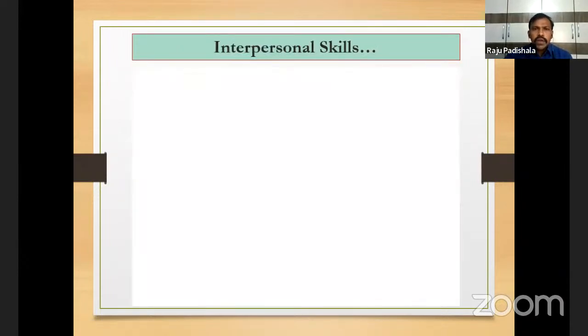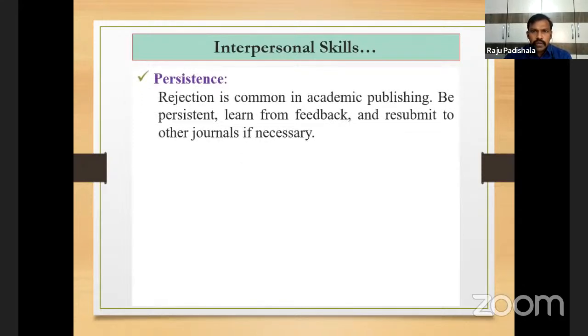Some other interpersonal skills are required. So, persistence. Rejection is common in academic publishing. Many times we submit papers to journals and they are rejected. This generally happens, but be persistent and learn from feedback.